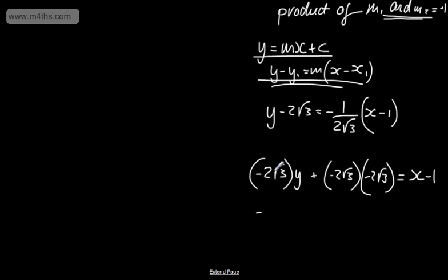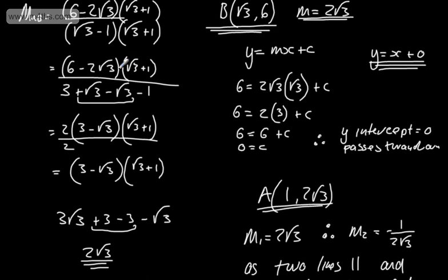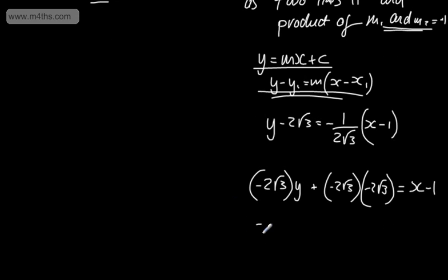So we get -2 root 3y, and then, looking at this, we've got two negatives, which will give us a positive. 2 times 2 is 4, root 3 times root 3 is 3. So 4 times 3 is 12, and that is equal to x minus 1.